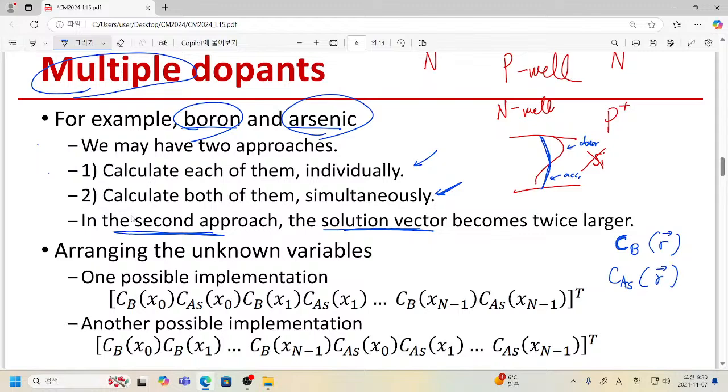We must have two different species and the number of unknown variables should be doubled. That is quite obvious, so maybe it is not that difficult for you to understand this doubling. If we have more and more species, what will happen? Yes, you must increase the size of your solution vector further and further.